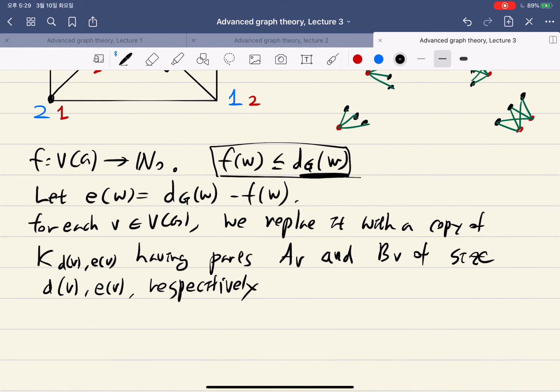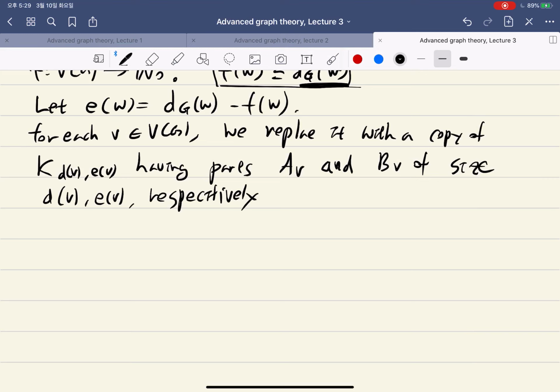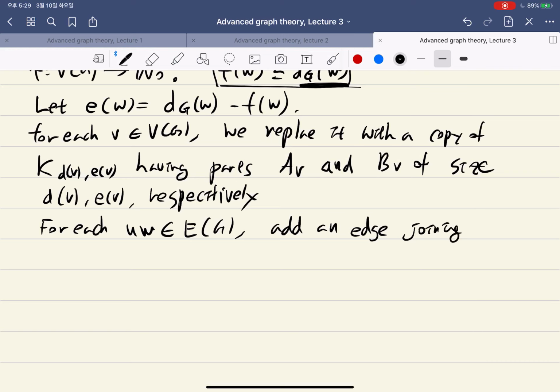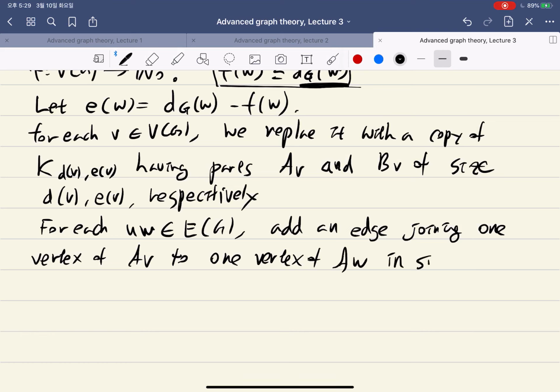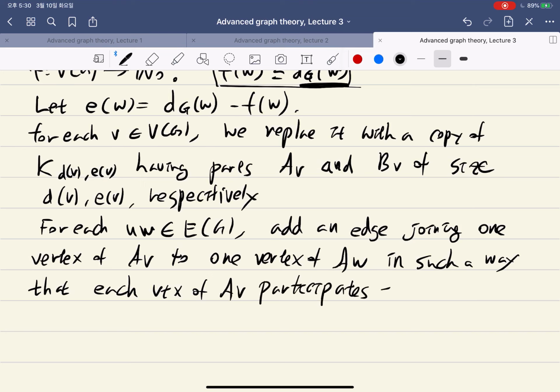Okay, that's what we did so far. And for each edge uw in the original graph, add an edge joining one vertex of A_u to one vertex of A_w, in such a way that each vertex of A_u participates in one such edge.